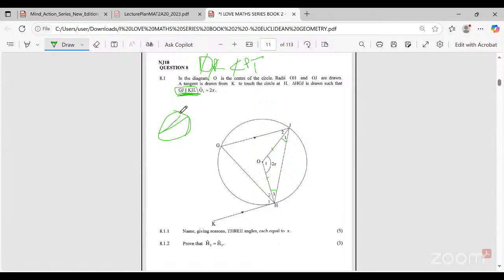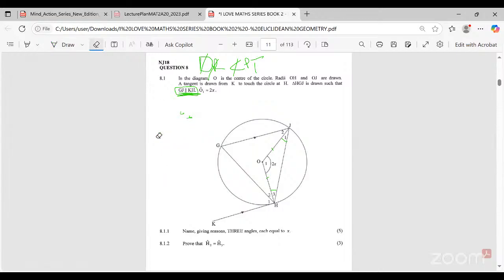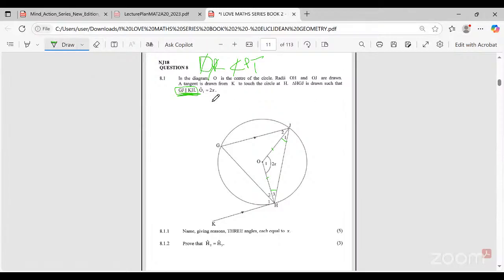Because those four corners are on the circumference. This is a corner, this is a corner, this is a corner, this is a corner. Does it make sense? Yes, sir. Okay. Now we have those parallel lines, we can use our technique. Maths is fun.